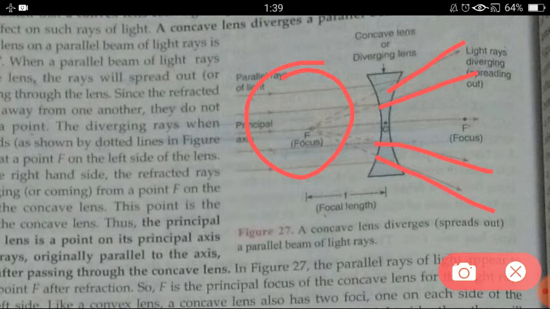So here you can see in case of convex lens, we were having our focus because after passing through the lens, the light rays were meeting here, but now in this case the light rays are not meeting with each other, they are going away from each other. So on this side we are not going to get our focus. So how will we get our focus?